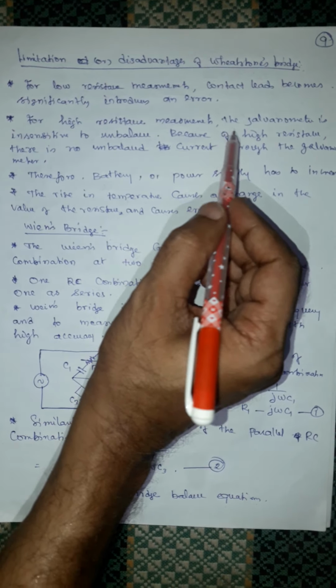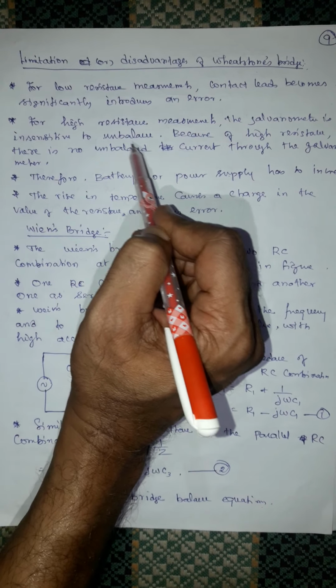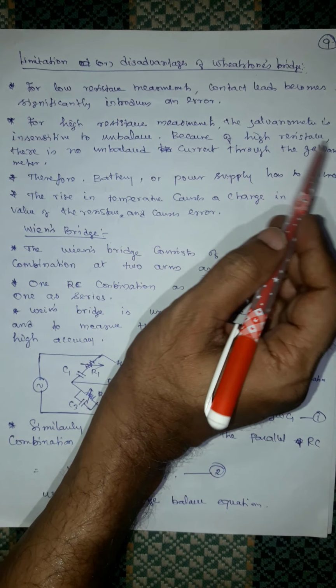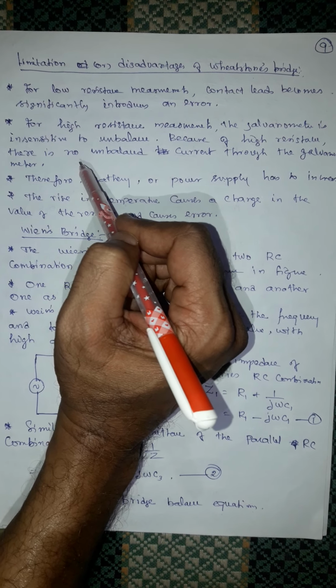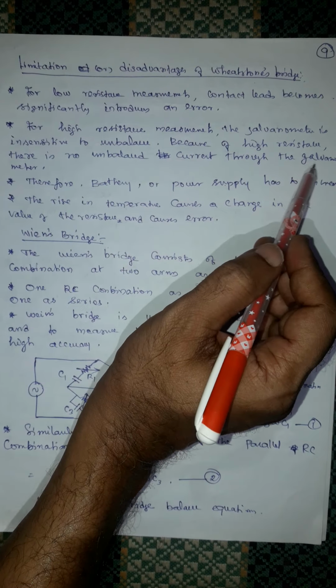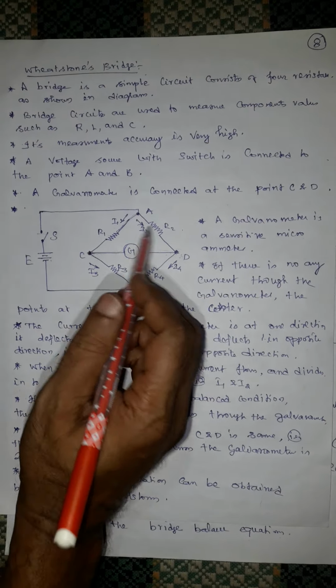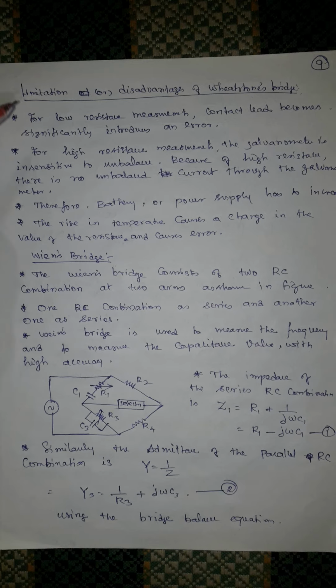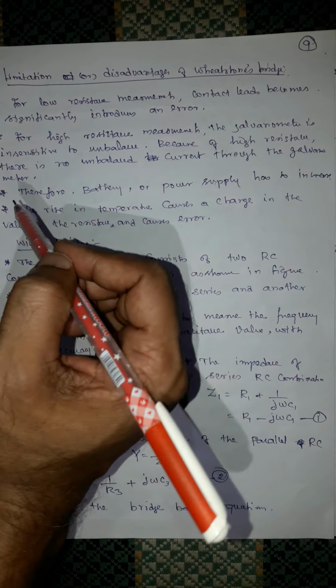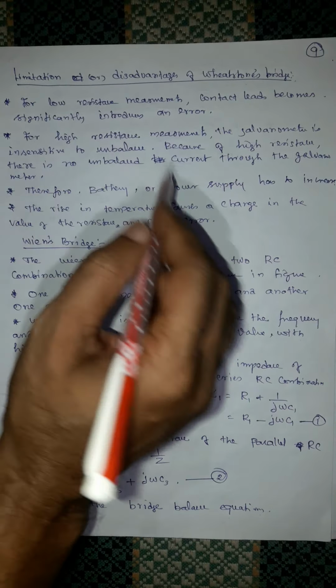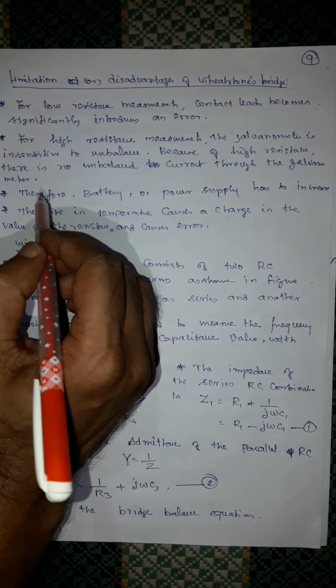For high resistance measurement, the galvanometer is insensitive to unbalance. Because of the high resistance, there is no unbalanced current through the galvanometer. If the resistance is very high, there is also little current flow through the bridge. That is also a problem.